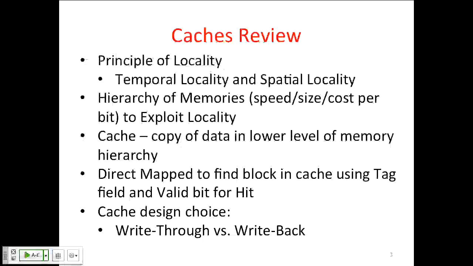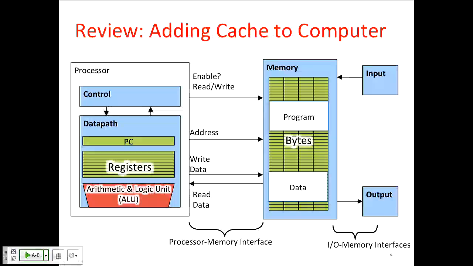To know whether you need to update memory, we had an optimization we call the dirty bit, kept alongside each cache line. So you have the valid bit and the dirty bit in a write-back cache, as well as the tag associated with the data held in the cache. That's what we covered last time.